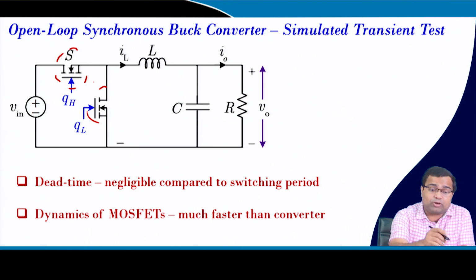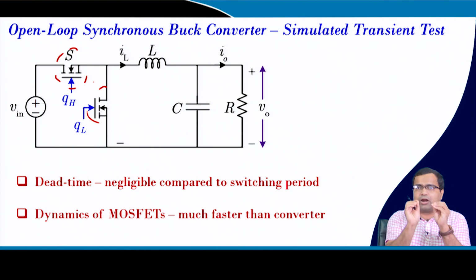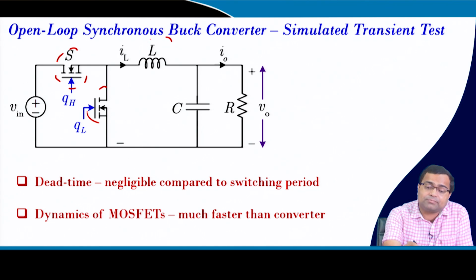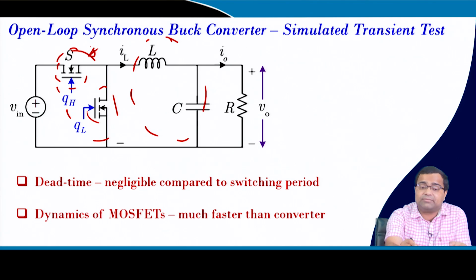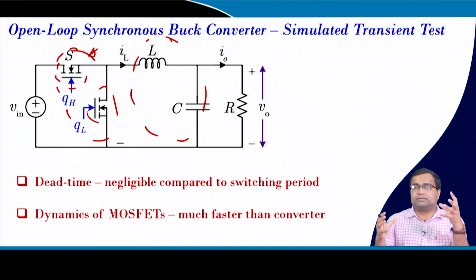Also the dynamics of the MOSFET, because the MOSFET will also have a turn on and turn off process. But if you look at the dynamics of the converter, compared to the dynamics of the switches, these are much faster than the dynamics of the inductor and capacitor.